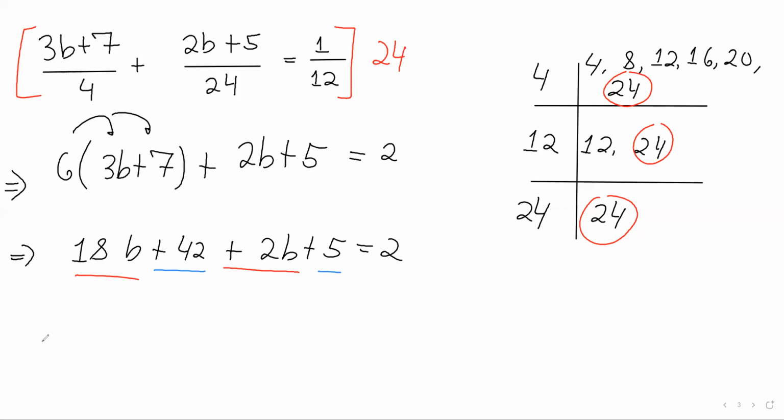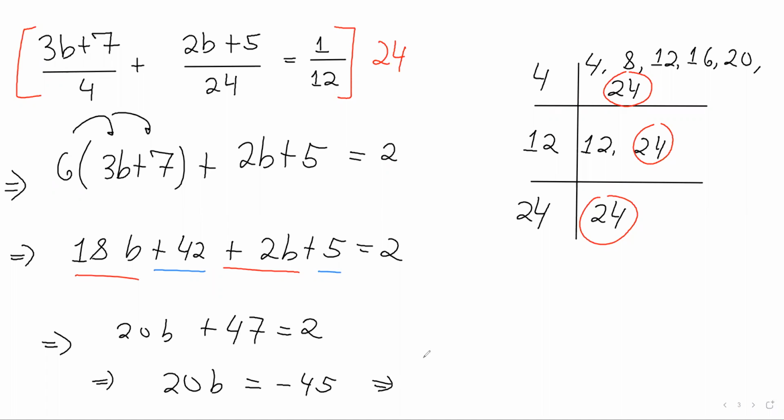And then we get 20b, wait, let me make sure. Let me go step by step. So it's going to be 20b plus 47 equals 2. So 20b is negative 45. So b is negative 45 over 20.